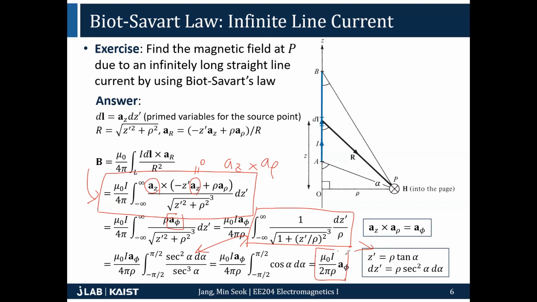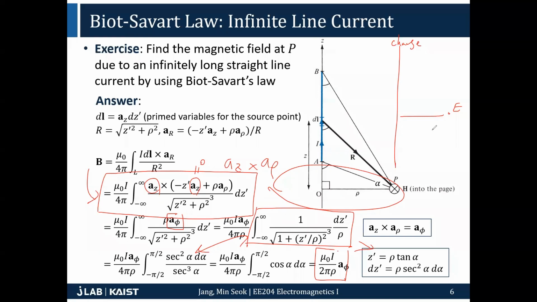Mu 0 I divided by 2 pi rho. Okay, mu 0 I divided by 2 pi rho. Now it reminds us of the case of infinite line charge and the electric field associated with it.